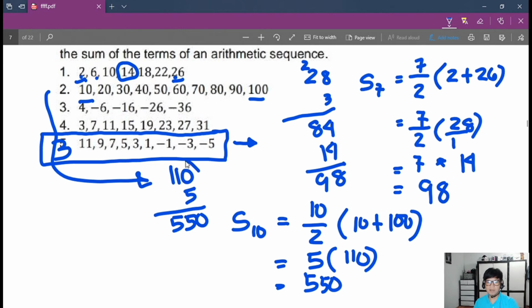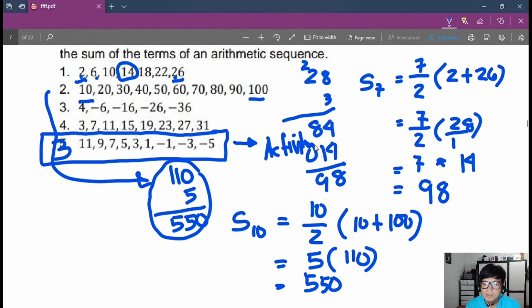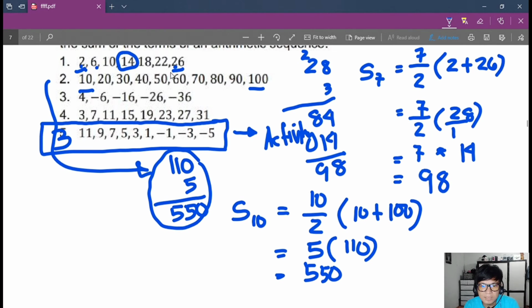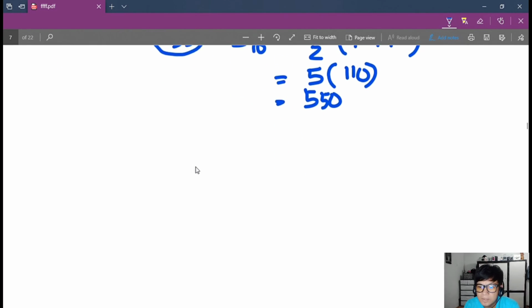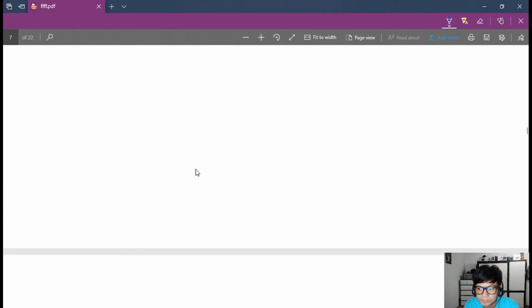Itong secretly card, itong ginawa natin, ano na lang yan siya, to double check. You can double check your answer using your calculator. So ito siya, number 3 for your activity. So we're done with that. Huwag na natin sagutan ito. Dali na lang yan. Okay, let's proceed.